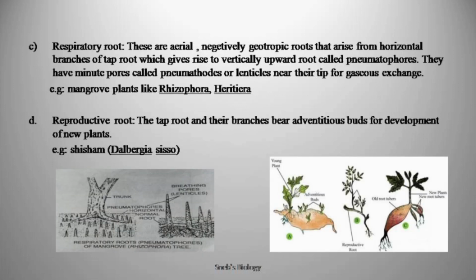Next is respiratory root. In marshy areas, the soil is waterlogged, so water goes into each and every possible space, including air space. So there is no oxygen available for roots to breathe. Marshy area plants have their normal roots, from which a lateral branch arises from the primary root, and at certain places from these lateral branches a conical structure arises called pneumatophores.